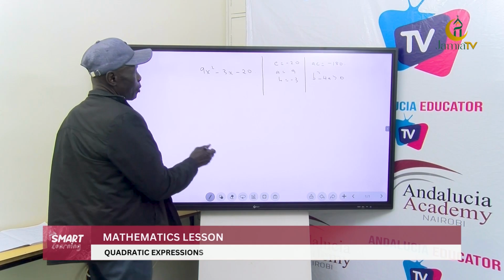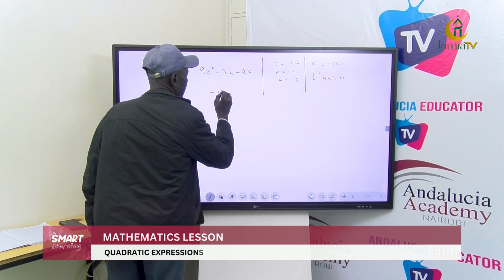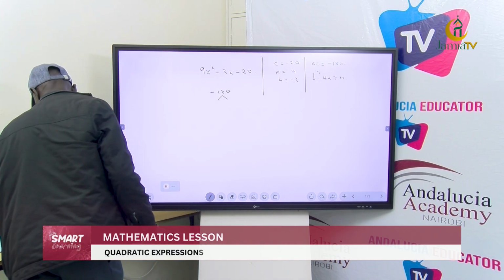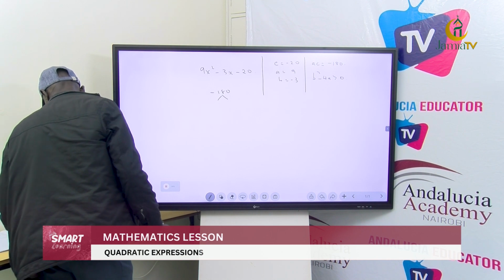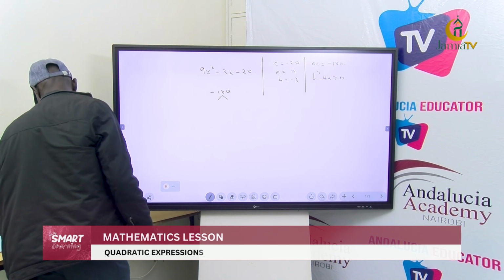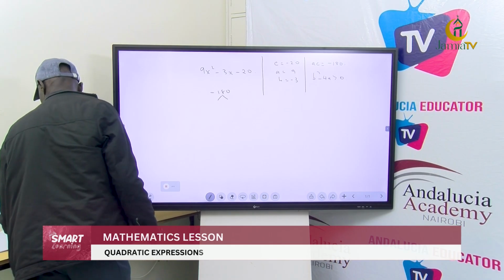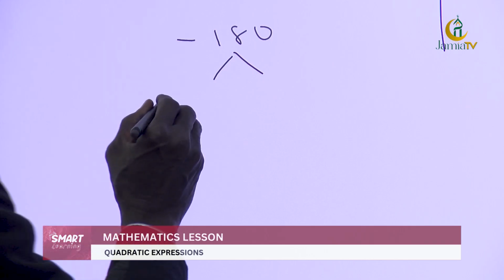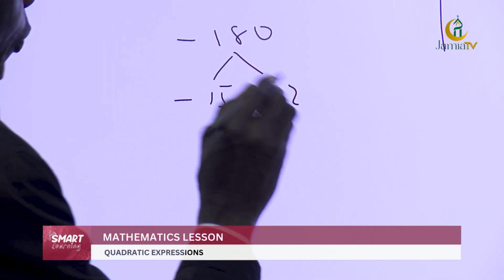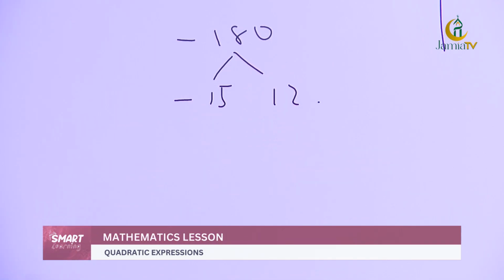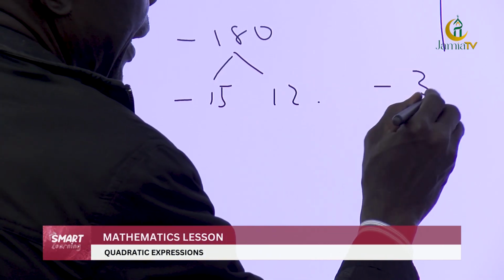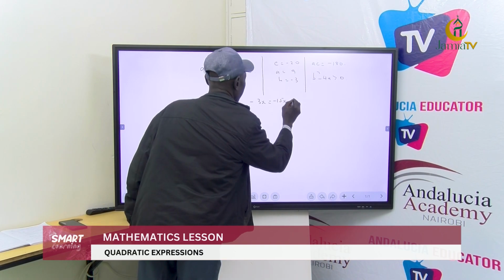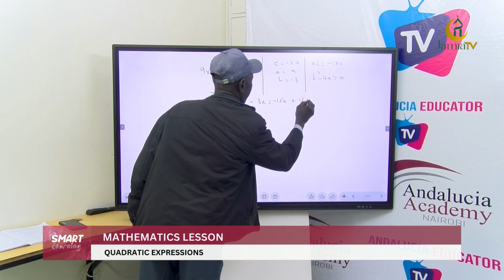You can go through the whole process. And I found out that it will be, just a minute, negative 15 and positive 12. So we just write our negative 3x in terms of minus 15x plus 12x.